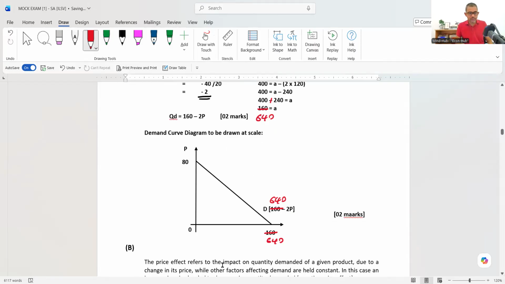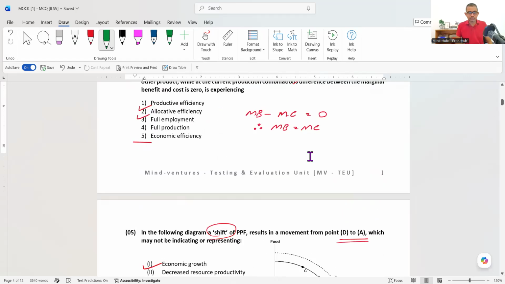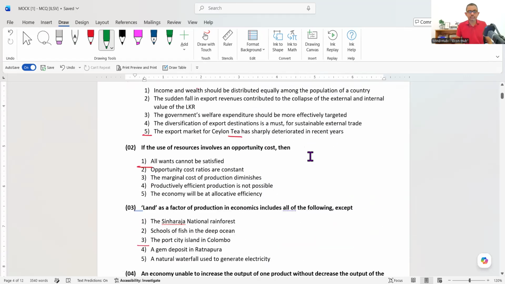Right. Then let me quickly check something. Yeah.